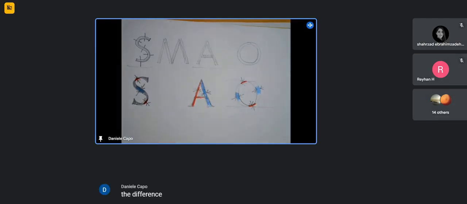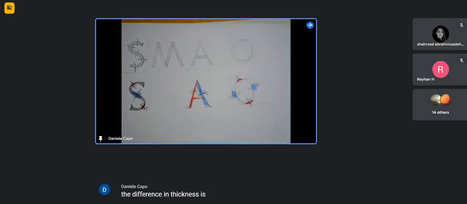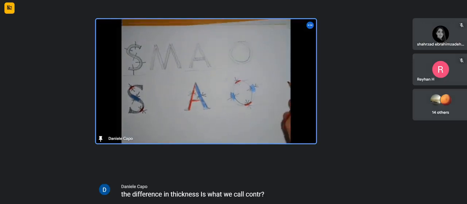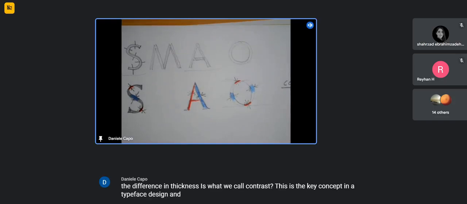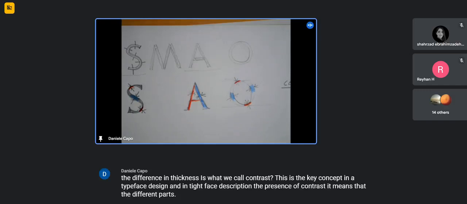The difference in thickness is what we call contrast. This is a key concept in typeface design and in typeface description. The presence of contrast means that the different parts of a letter do not share the same thickness.